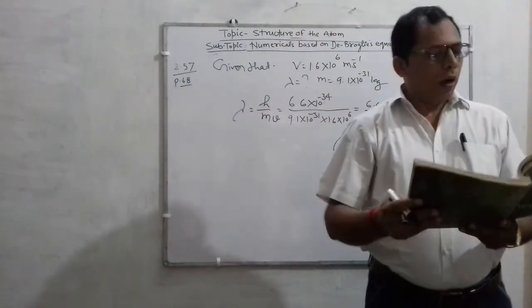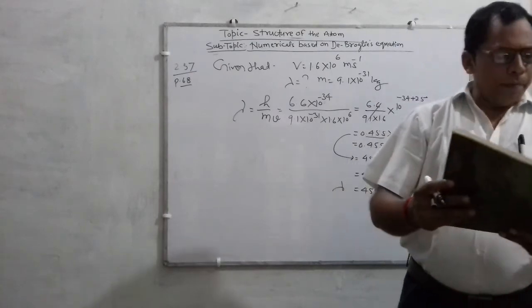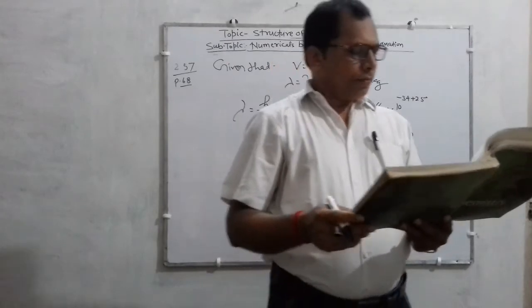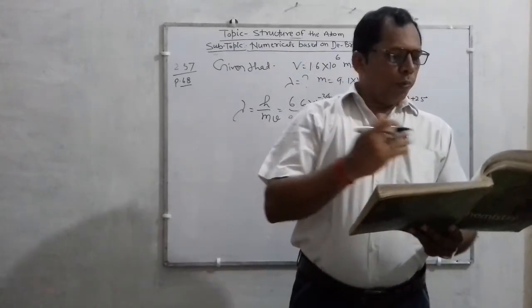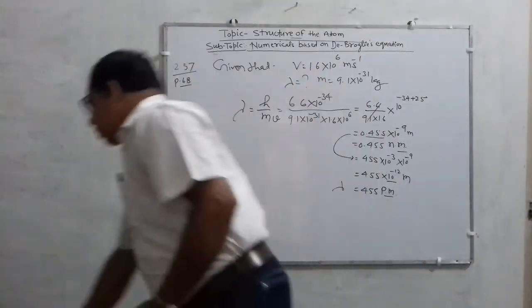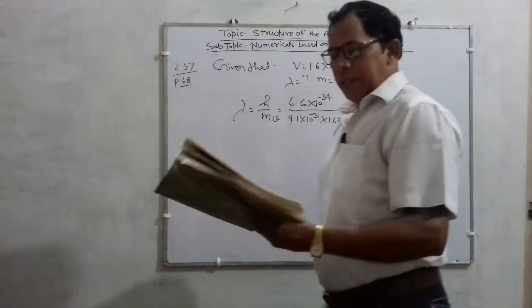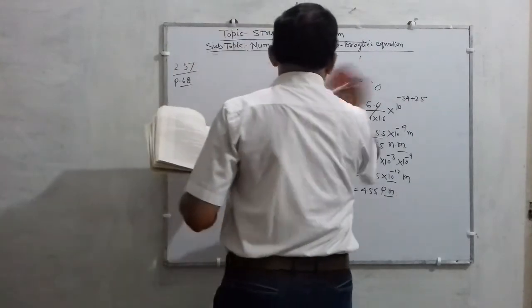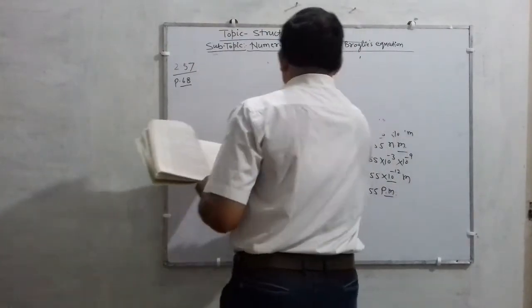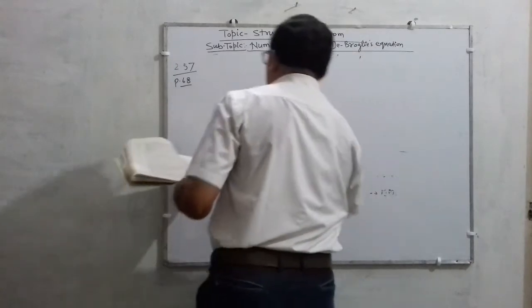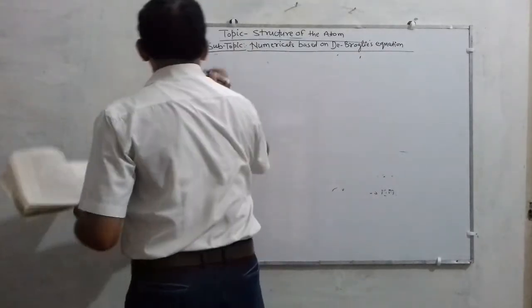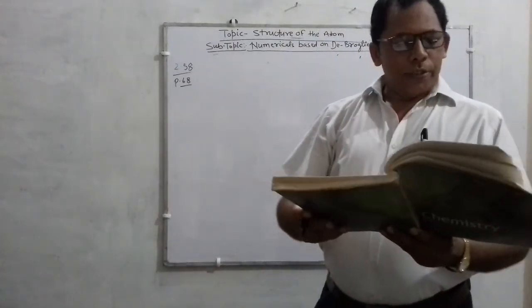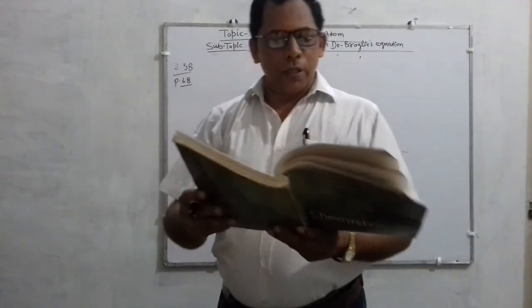These three questions were asked. And one more question I am telling you yourself, that is question number 2.58. Similar, that is based on de Broglie principle. Question number 2.58 on the same page, and the question is similar to electron diffraction.